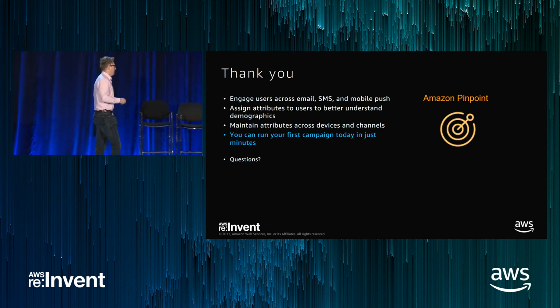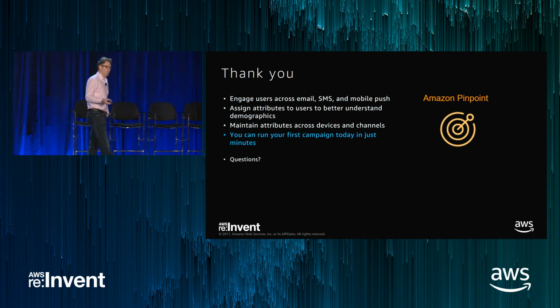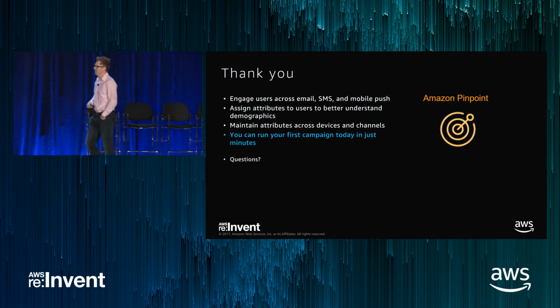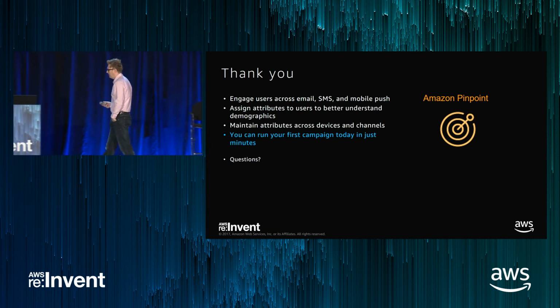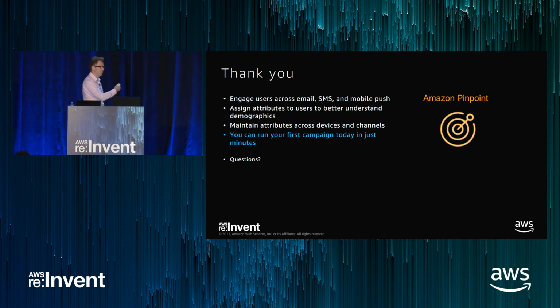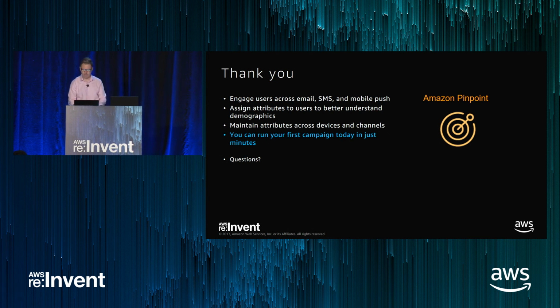And then maintaining the attributes across devices and channels. So if you have a mobile SDK and a mobile app, you can maintain the attributes that way. If you have email or SMS, you can bind a Lambda function to that event stream and update attributes that way.